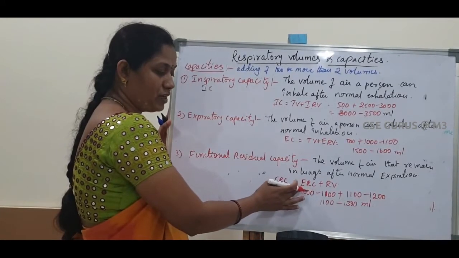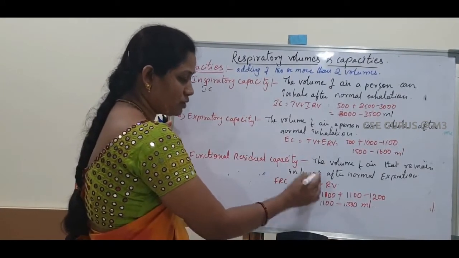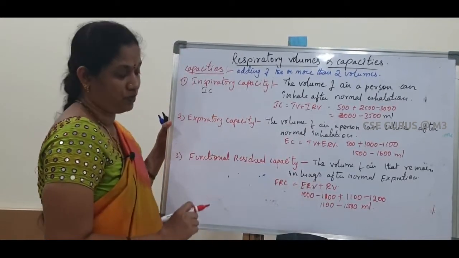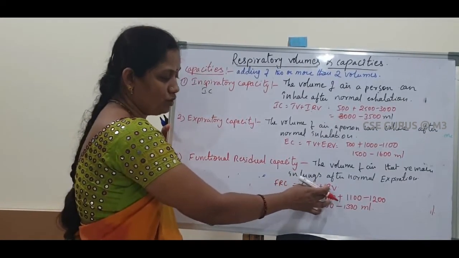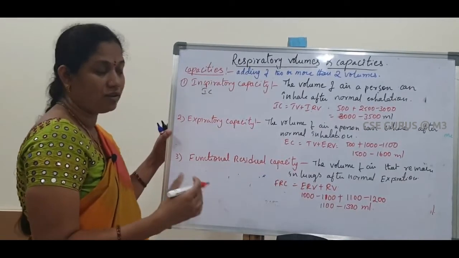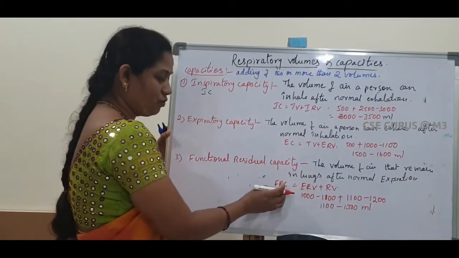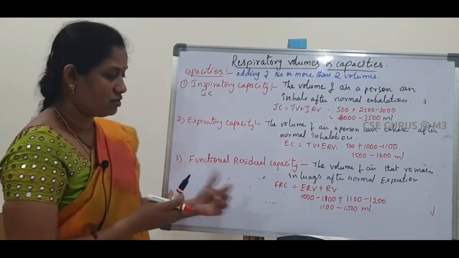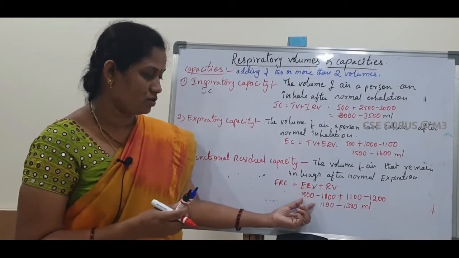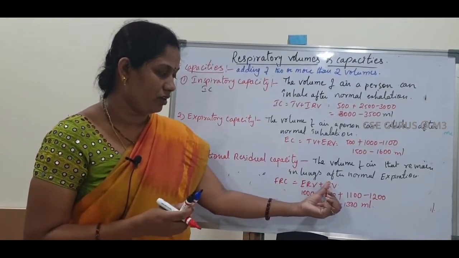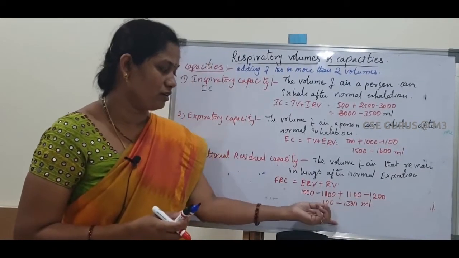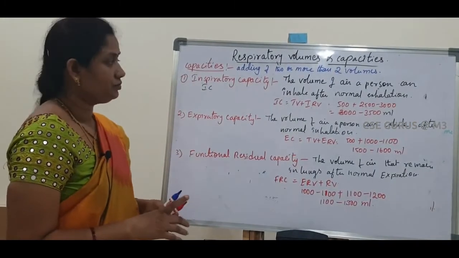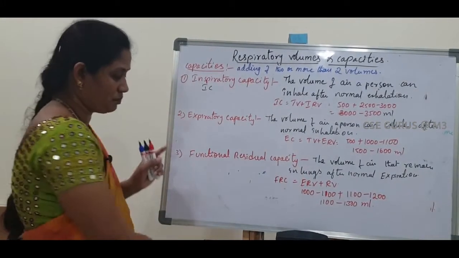Expiratory reserve volume plus residual volume are stored in our lungs, and together they form the functional residual capacity. Here ERV is 1000 to 1100, RV is 1000 to 1200, total 2000 to 2300 ml. So these are the three capacities.